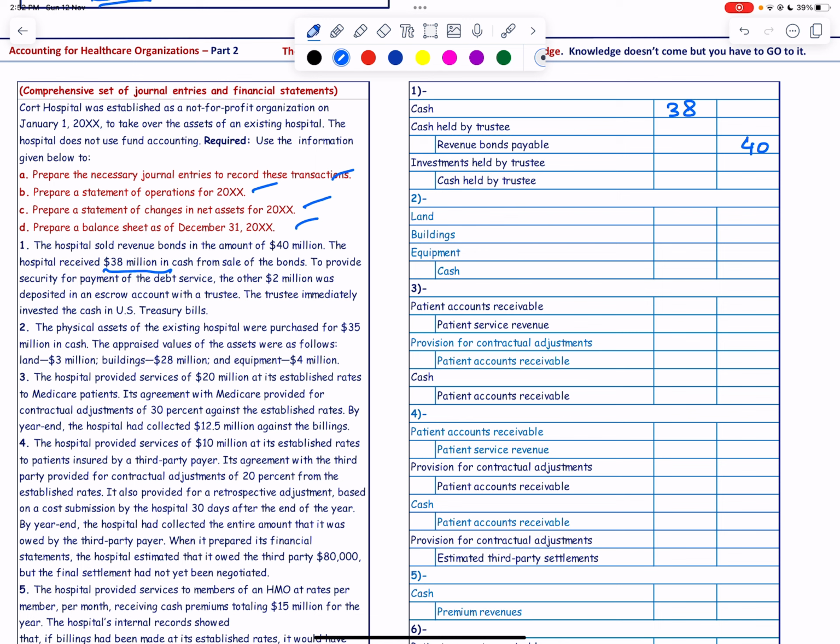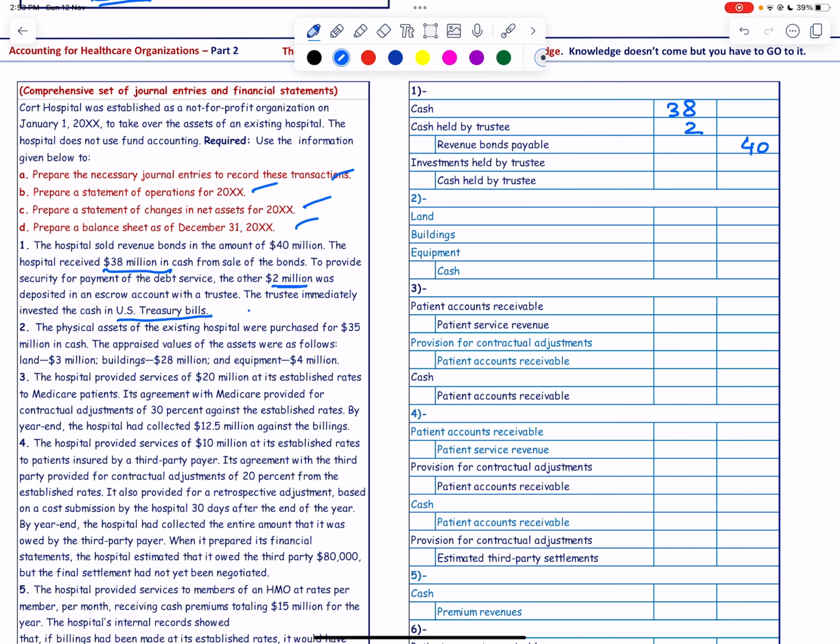To provide security for payment of the debt, the other 2 million were deposited in an escrow account with a trustee. The trustee immediately invested the cash in US Treasury bills. So this is the cash that is held by the trustee. So cash held by trustee is debited by 2 million.